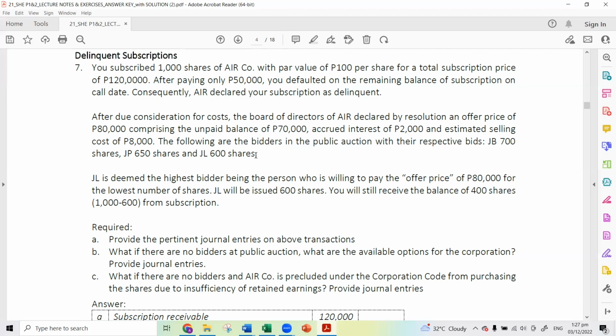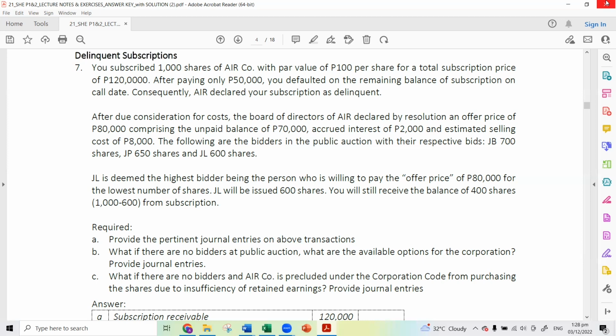Past due ka o delinquente ka na kapag hindi ka nakapagbayad sa due date na sinet ng BOD, sa board of directors. So delinquent ka na yon. So after 30 days but not exceeding 60 days from the date the shares are declared delinquent, yung shares na yan ay ibebenta at a public auction to the highest bidder.